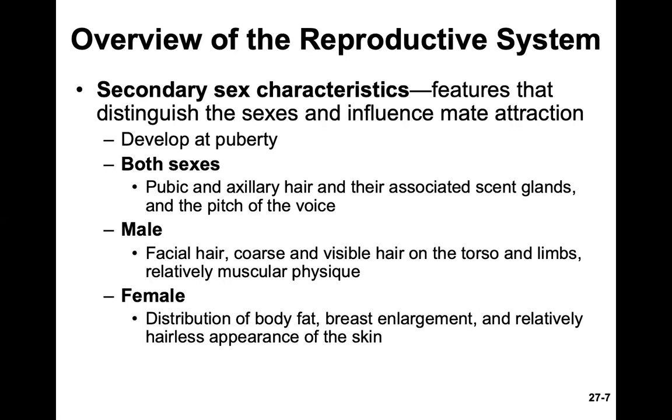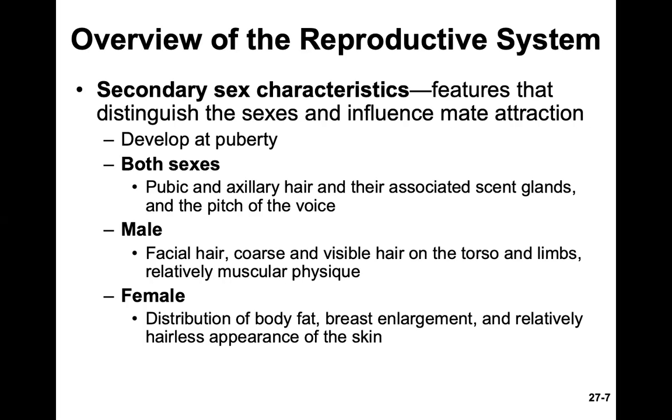In particular, males will start to develop facial hair. They will have more hair that is more visible and more coarse on the torso, especially the chest, as well as the limbs. And they'll start to develop a more muscular physique.